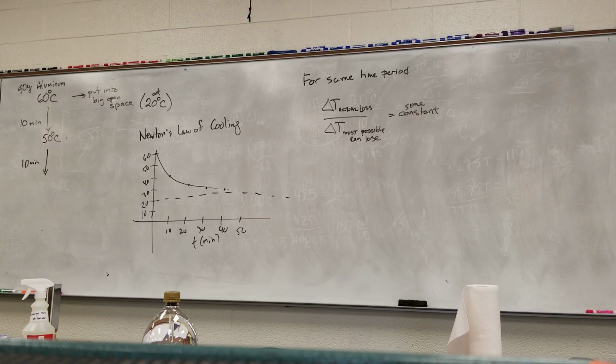Did I just divide these two numbers? All right, so it starts out at that temperature right there. What is the most it could lose? So that loses actually 10. But the most it could lose is 40, so that should be 10 over 40.